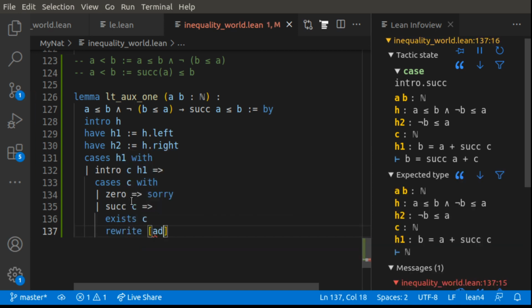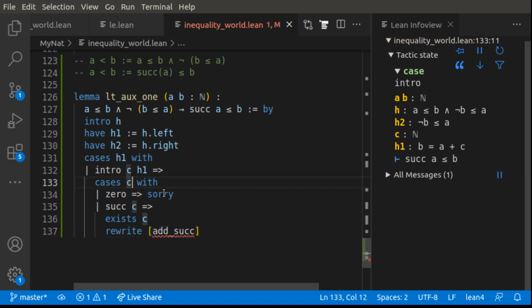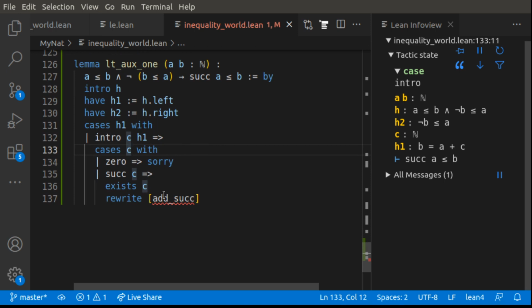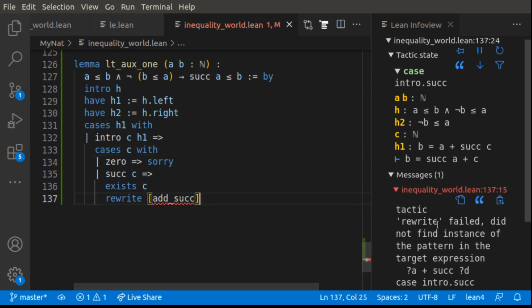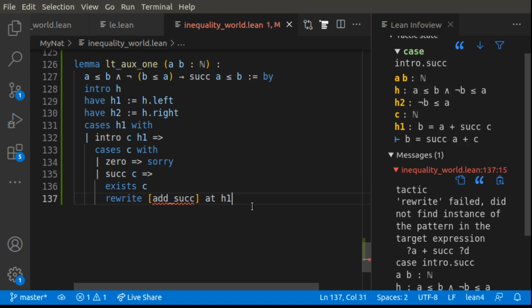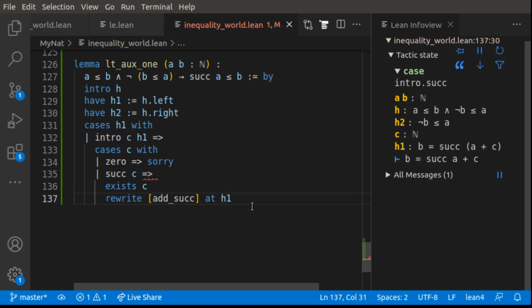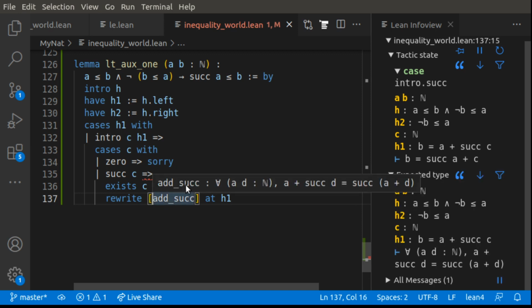Rewrite add successor. Add h1. What's that? Add successor gets us that, and then what do we want to do?